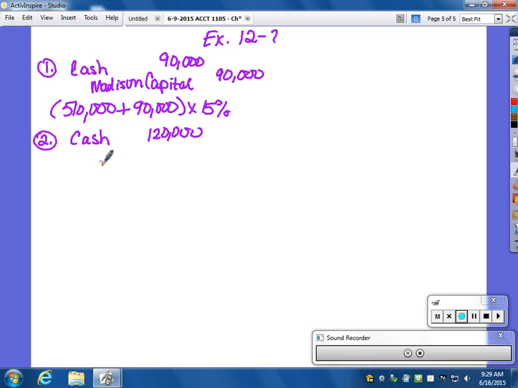What else needs to be debited or credited? Madison Capital. Don't give me numbers, just tell me the account. Main Capital, Frisk Capital.